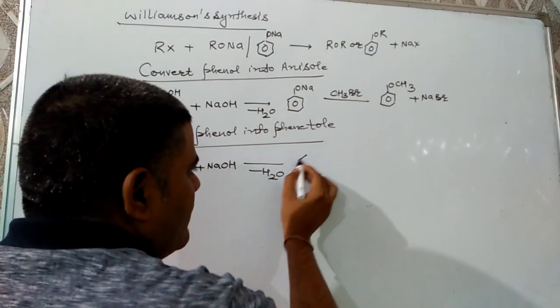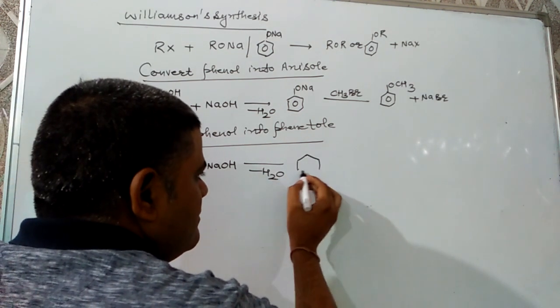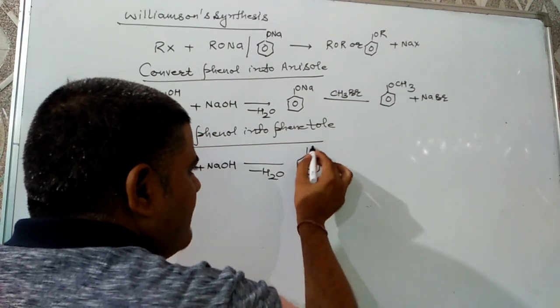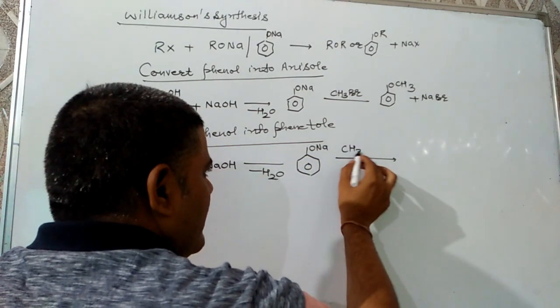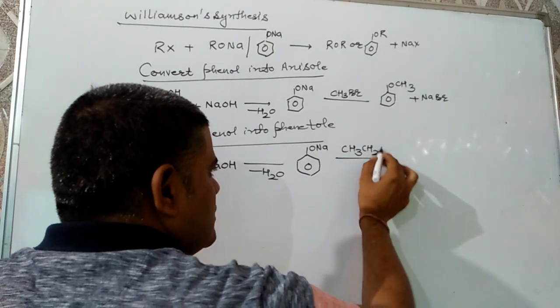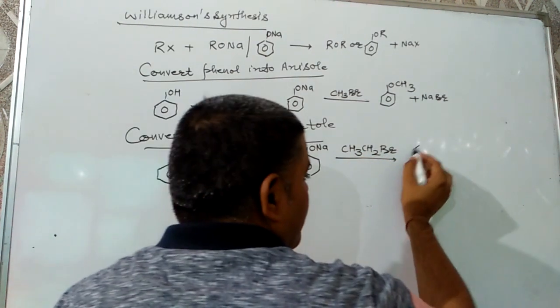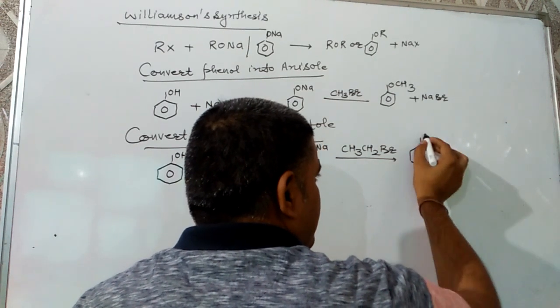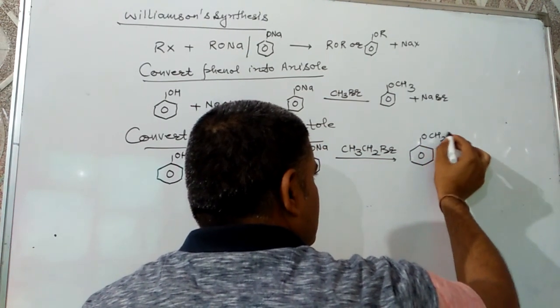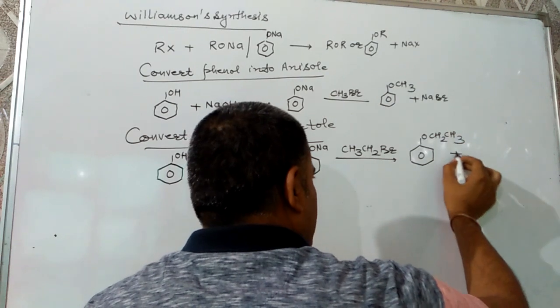We will get sodium phenoxide as a product, and then sodium phenoxide will react with ethyl bromide to give phenetole, or ethoxybenzene, as a product, and NaBr.